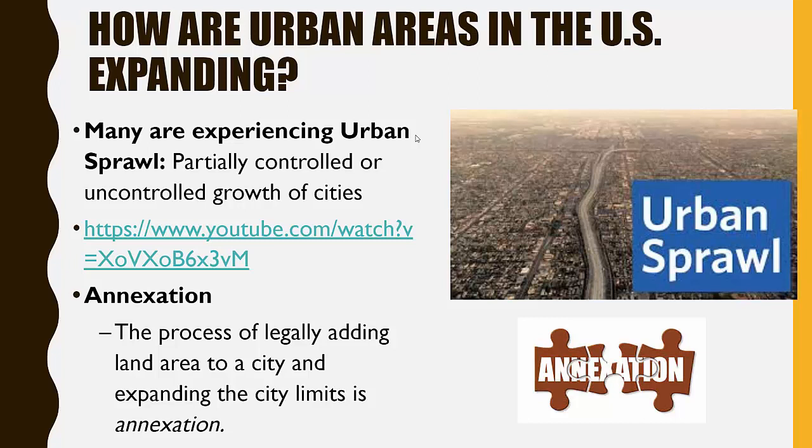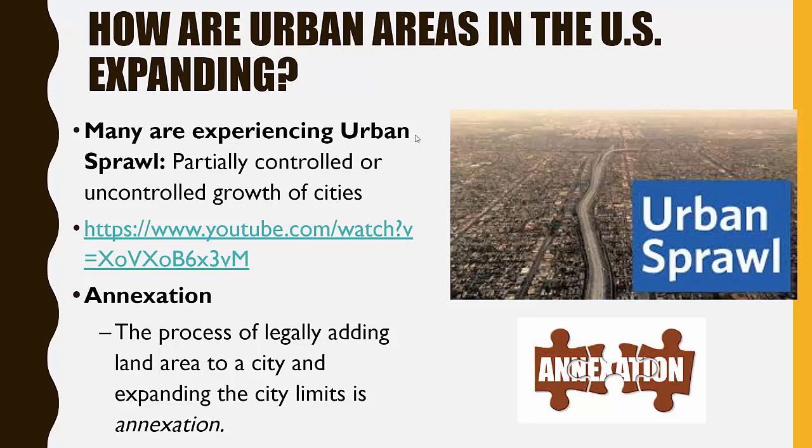Developers continue to build, and the city continues to approve buildings, especially residences on the outer edges, that just cause the city to sprawl and sprawl and sprawl. You're going to see some examples of this in the presentation. You're also going to be doing an assignment where you'll take a look at this as well. One of the reasons that this is allowed is because the United States is notorious for having cities that approve a lot of development.